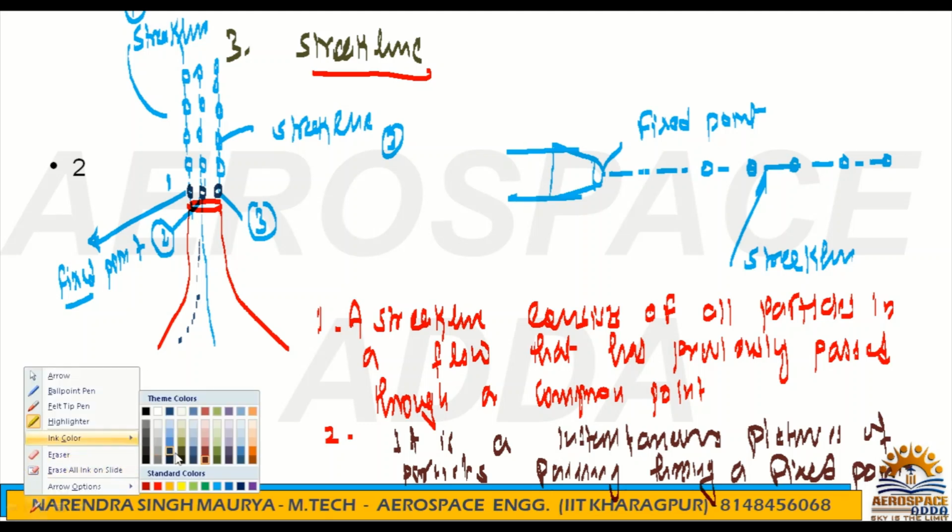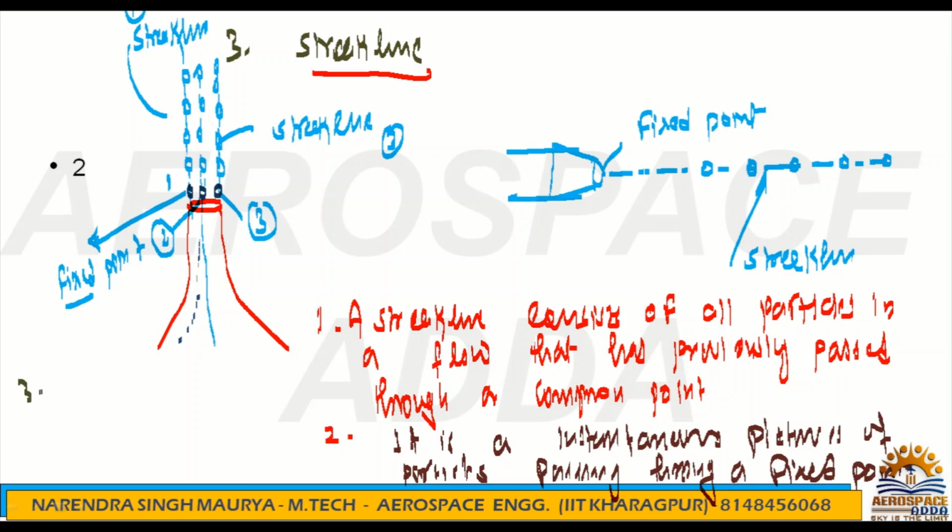What is the approach here? The third one is that it follows the Eulerian approach. Always remember, by Eulerian approach I mean you fix the observer at one point, and all the particles are passing. That is the Eulerian approach. So this is called a streak line.